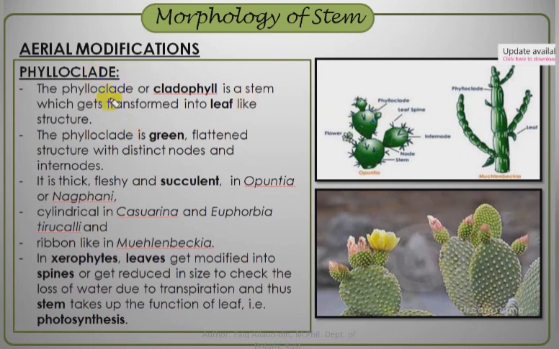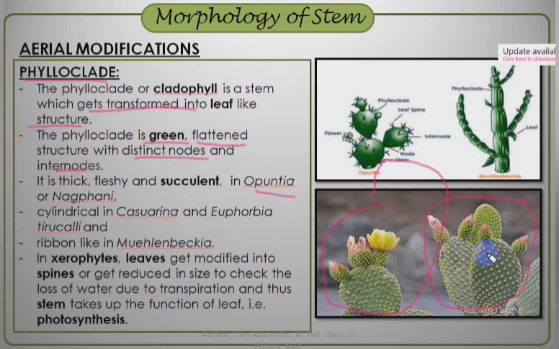Another type of aerial modification is known as phylloclade. You can clearly see in this diagram, this is a plant of Opuntia, a cactus. A special type of phylloclade or cladode is a stem which gets transformed into a leaf-like structure. This is green and flattened with nodes and internodes.